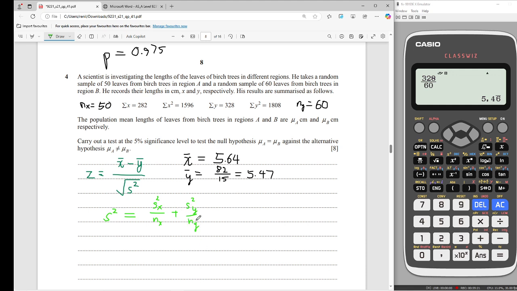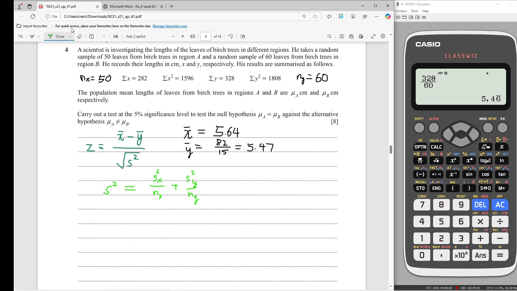Using this formula, what values do we have? We have nx, we have ny. We don't have S2x, we don't have S2y. So here's where it gets a little bit simpler. We have S2x and S2y to calculate. They have the same formula, except that we use the corresponding sum x squared and sum y squared.